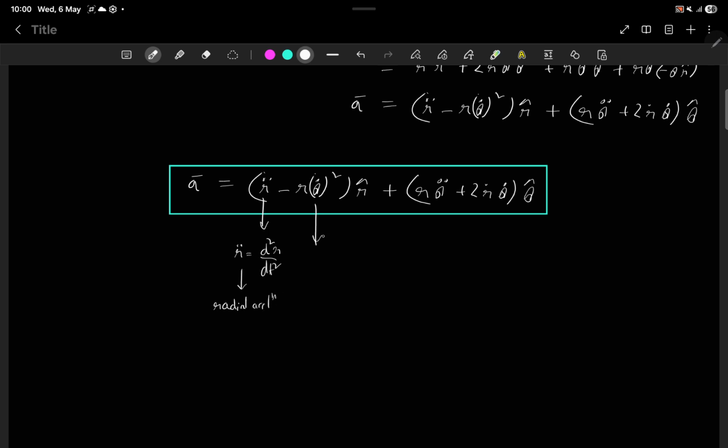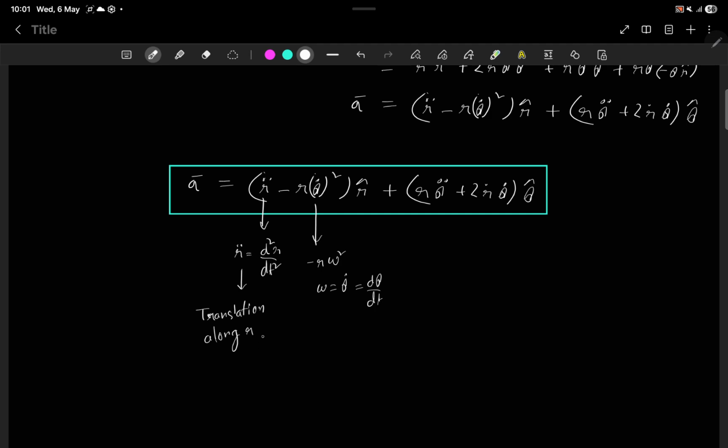What is this term? This is minus r omega square. What is omega? Theta dot, or d theta by dt. Sorry, I have explained it wrong. This is actually the translation or the acceleration along this radial path, along r.